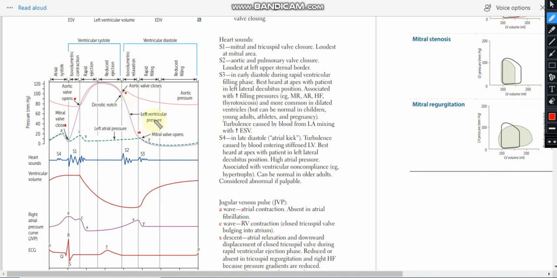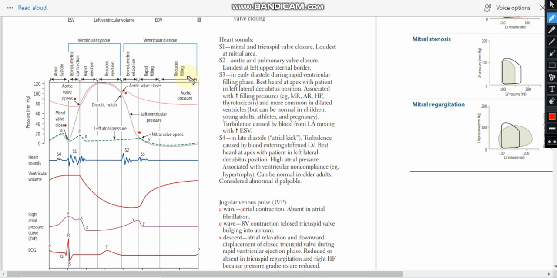After the mitral valve opening, we have the rapid filling and the reduced filling phases, up to the mitral valve closure. So these phases and their relation to the valves you must know. This is the only thing you need to remember.